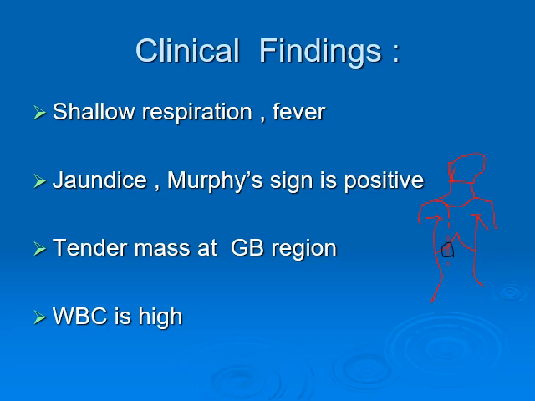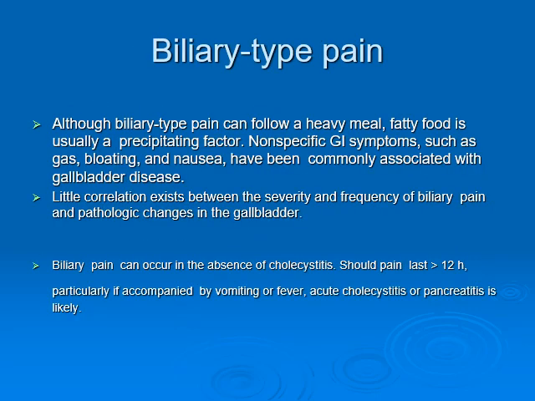Tender mass at the gallbladder region or increased leukocytic count. And here it's important to notice that the leukocytic count is very important. If you find polymorph leukocytosis, it indicates bacterial infection. But if you find eosinophilia, you should suspect parasitic infection or parasitic infestation of the gallbladder.